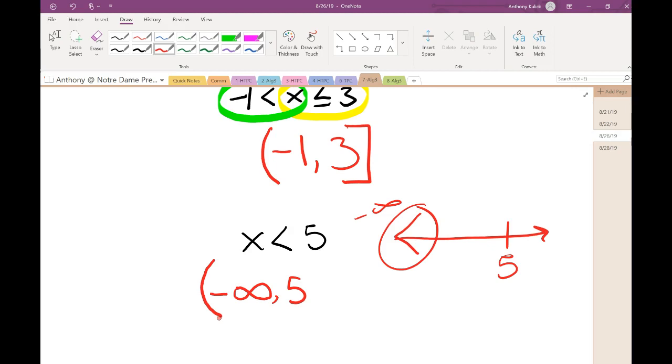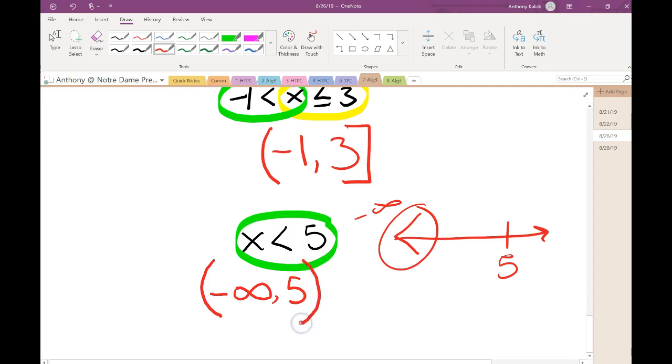Now let's look at the 5. For the 5, is 5 included in x is less than 5? So if we replace the x with a 5, is 5 less than 5? No. So that means that 5 is not included, and when it's not included, I use a parenthesis.